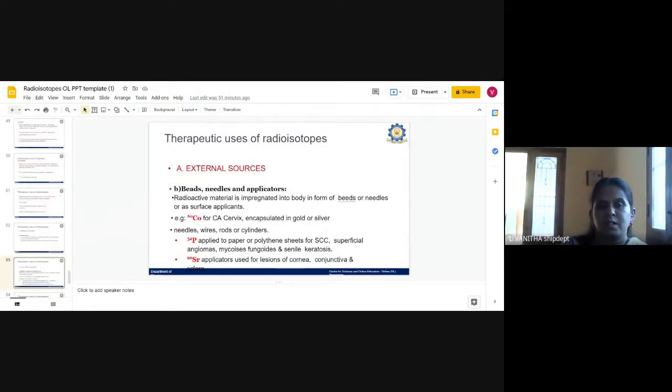These are the external sources used in therapeutic treatment.